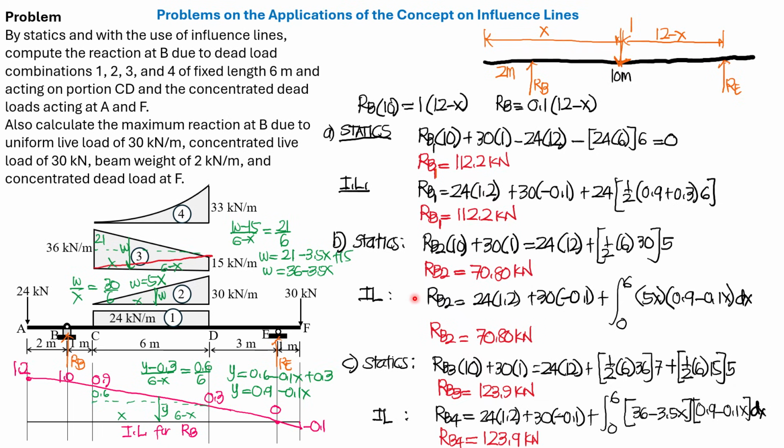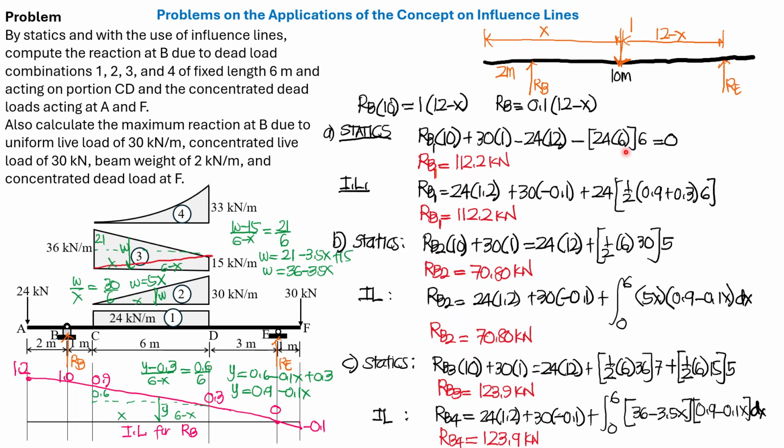Now, for the reaction at B due to this loading, uniform load 1, and these dead loads here. So, by statics, we sum up moments about E, then equate to 0. So, RB1 times 10 plus 30 times 1, then minus 24 times 12, then minus the moment of this loading, 24 times 6, 3 plus 3, 6.